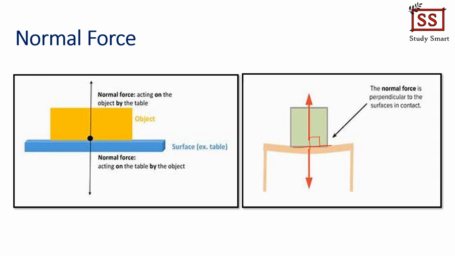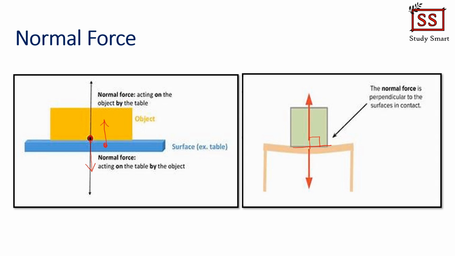Another thing to take note is that the normal force of the object acts on the table, so the direction will be downwards. And for the object, the normal force that is being exerted by the table will be upwards, from down to up.